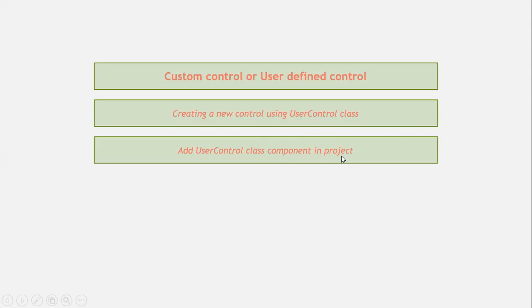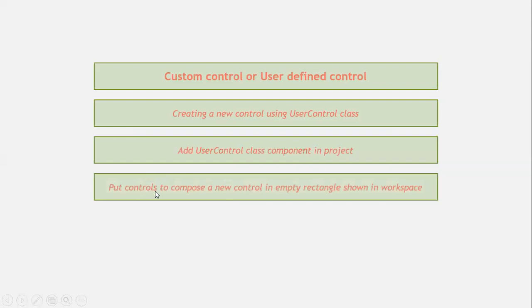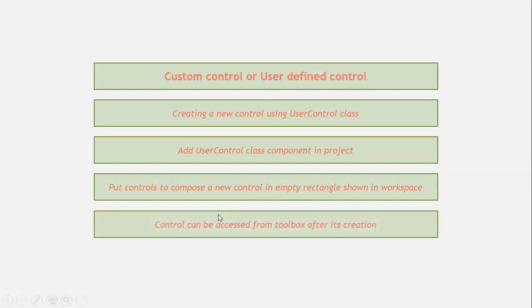By right clicking on the project, you can add the user control class, and with that you get a workspace, like the form used to be the workspace for us where we put controls and work with them to get our desired functionality. Similarly, we can put controls onto the workspace of the user control class, and then use that control as a control in our project. The control can be accessed from the toolbox after its creation.